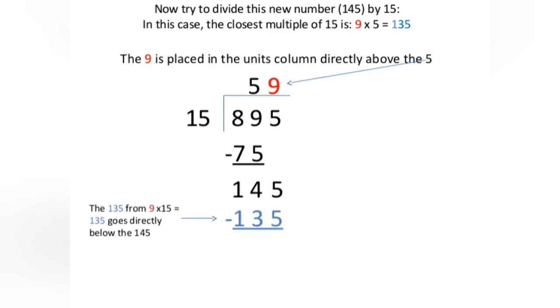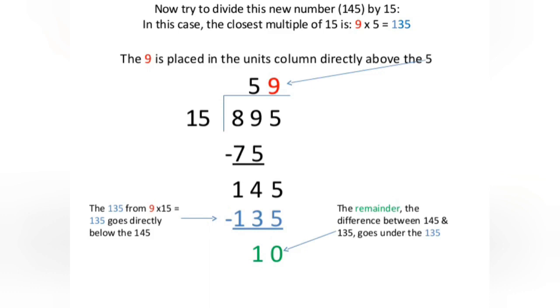So, the next step is we have to subtract these two numbers. Subtract 135 from 145. When we subtract these two numbers, we get the difference, or we can say the remainder. So the difference between 145 and 135 goes under 135.